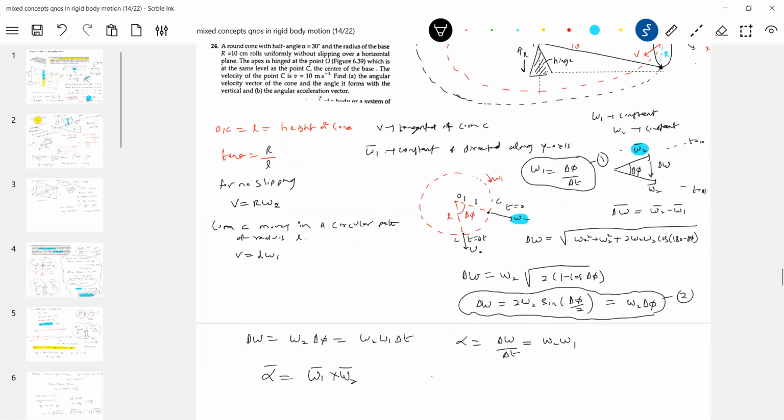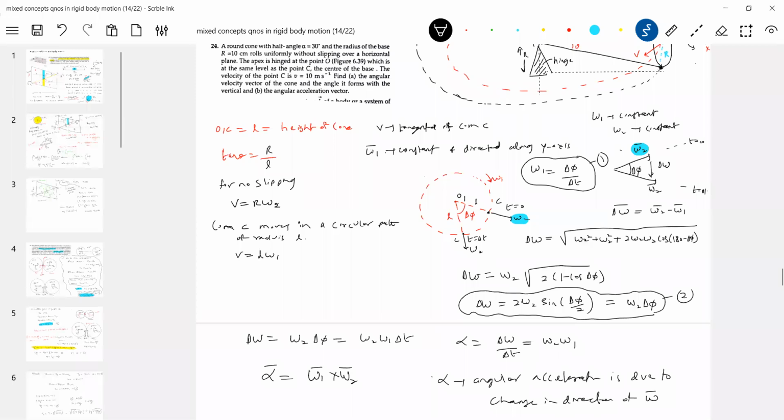So why is this alpha, this angular acceleration, due to change in direction of omega bar, not due to change in magnitude. And it is given by this much. But the question is asking for some value, no? And omega 1, omega 2 are not given, we assumed them.